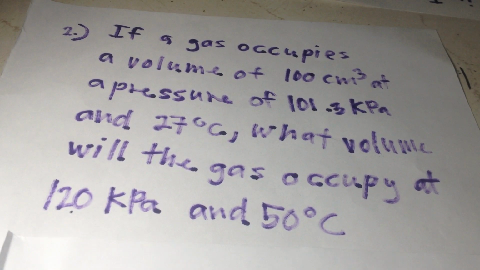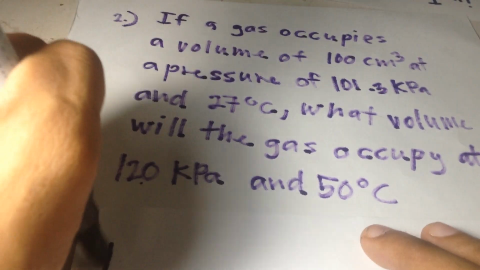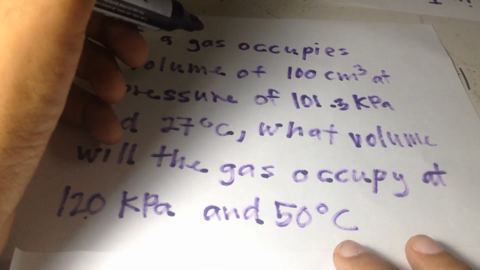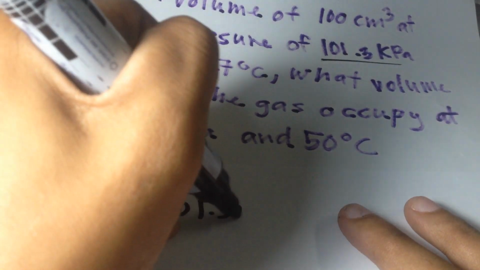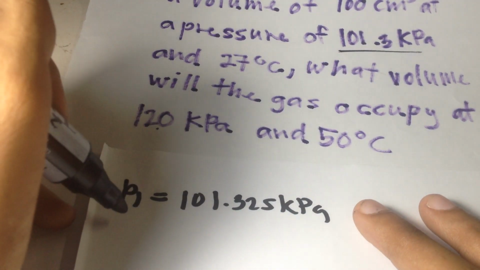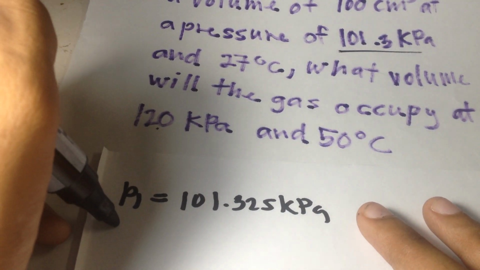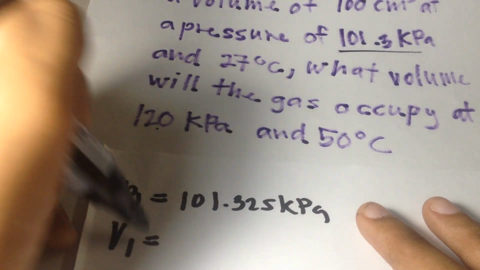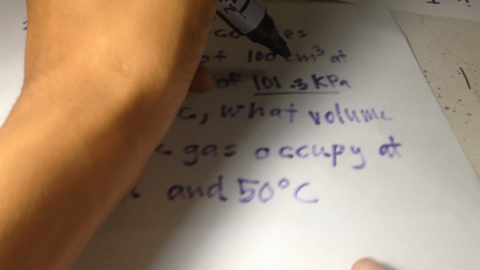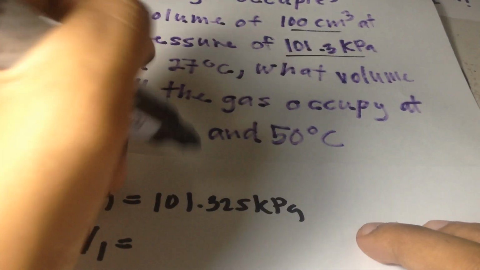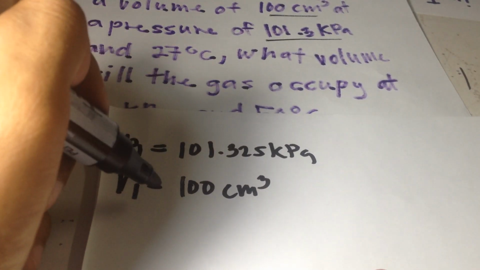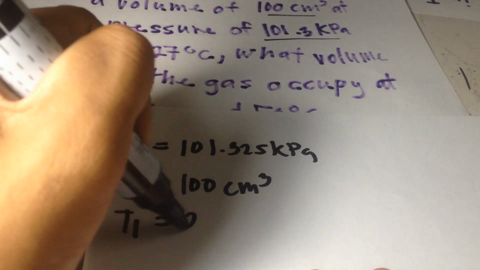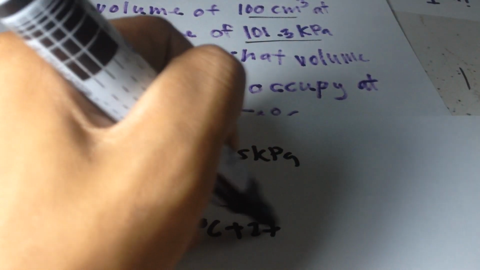So pressure 1 here is 101.325 kilopascal, and volume 1 is 100 cubic centimeter. And the temperature 1, which is 27 degrees Celsius plus 273 Kelvin, is equal to 300 Kelvin.